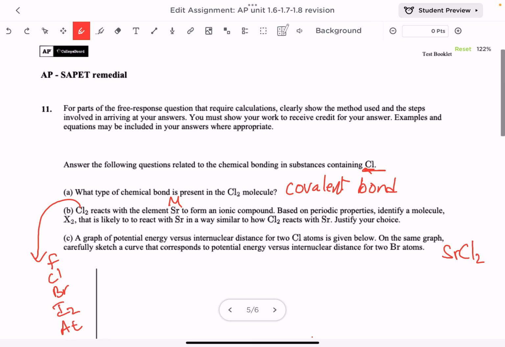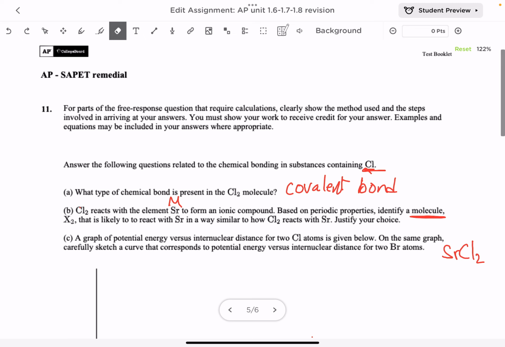The question is asking me to identify a molecule, so I should write F2, Br2, I2, or At2. Or you can earn a full mark by saying any other element belonging to group 17, the same family.